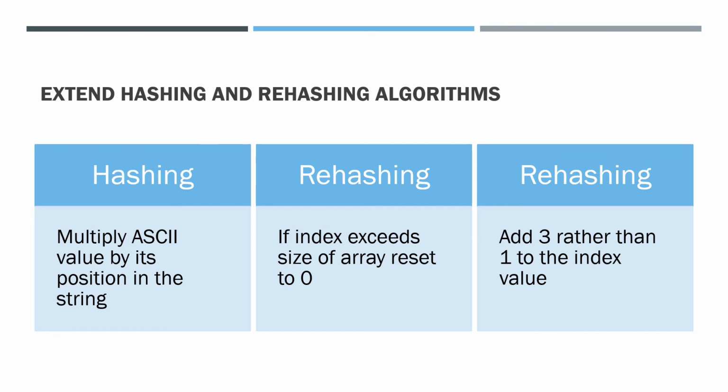And many rehashing algorithms, instead of counting ahead by adding 1 to I, they add 3 to I. The purpose of this is sometimes you get a cluster of values in the same position in the hash table, and by adding 3 you quickly jump ahead out of that sort of collision zone. Anyway, these are ideas for more expert programmers to just have a go on their own.